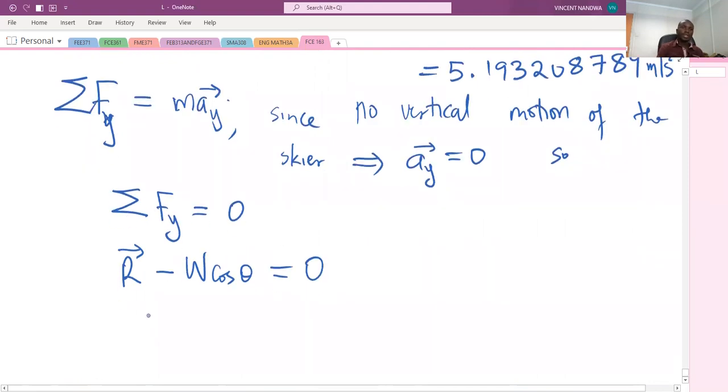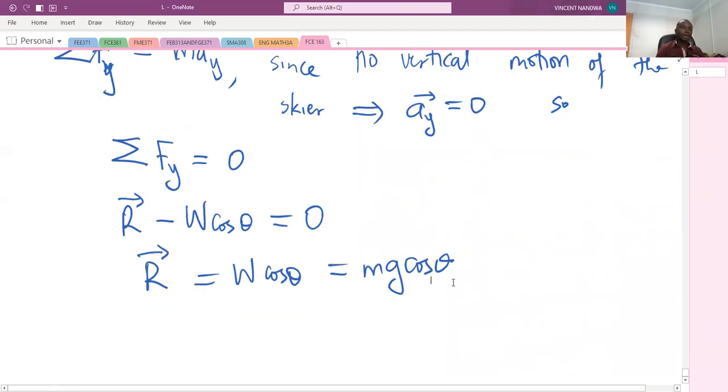Which means that R is W cosine theta, which is m g cosine theta. The mass of the skier is 65, g is 9.8, and the angle is 32 degrees.